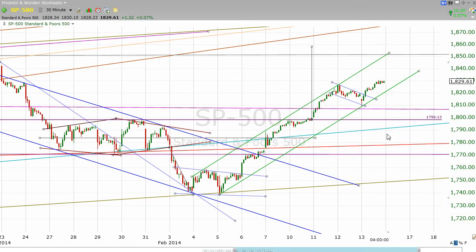And now we've got a channel that is wider, has 1, 2, 3 touches on resistance, and really call this 1, 2 on support.